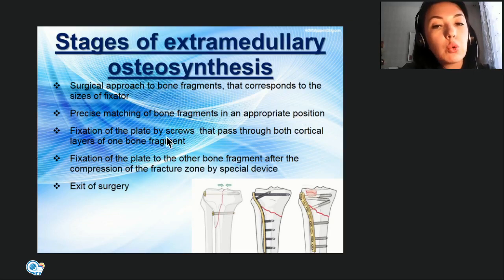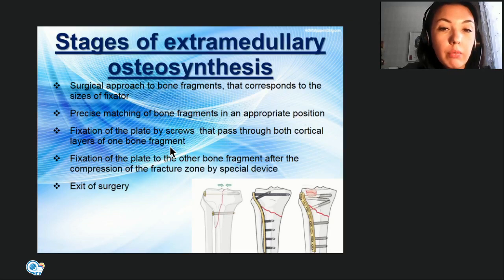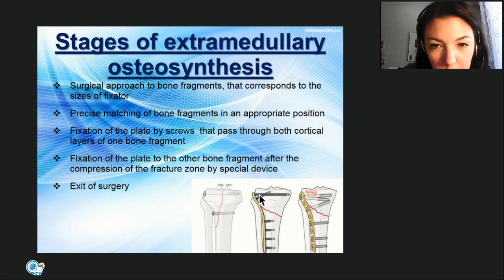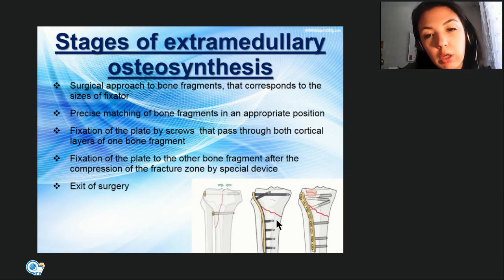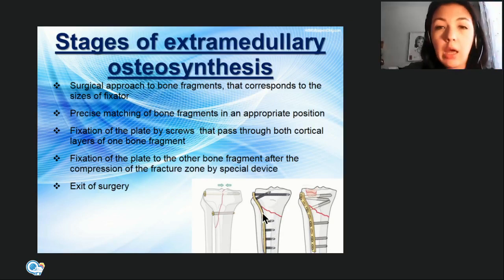Fixation of the plate by screws that pass through both cortical layers of the bone fragment, like fixation of the plate to one end of the bone, and then fixation of the plate to the other bone fragment after the compression of the fracture zone by a special device, and then exit of surgery. It's clear, it's easy.